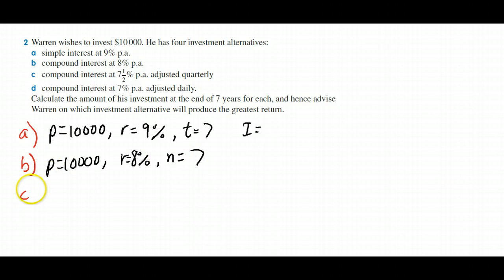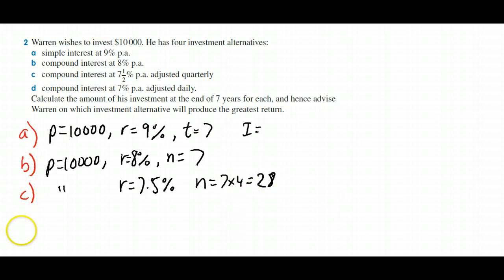In the third one, C equals compound interest 7.5%, so P is going to be the same. R is now 7.5%, and this is compound interest, and it's adjusted quarterly. So over 7 years, and it's quarterly, it's going to be 7 times 4, which is 28.